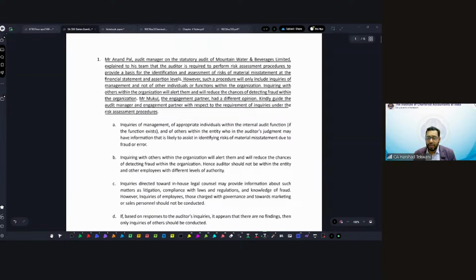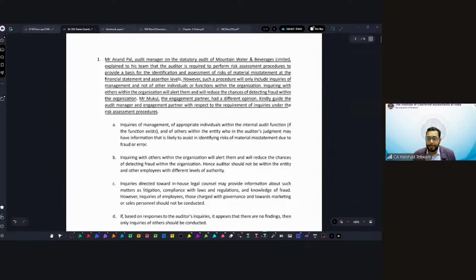Inquiries with others within the organization will alert them and will reduce the chances of detecting fraud within the organization. Hence, auditors should conduct inquiries within the entity of other employees with different levels of authority. Inquiries directed towards in-house legal counsel may provide information about such matters as litigation, compliance with laws and regulations, and knowledge of fraud.